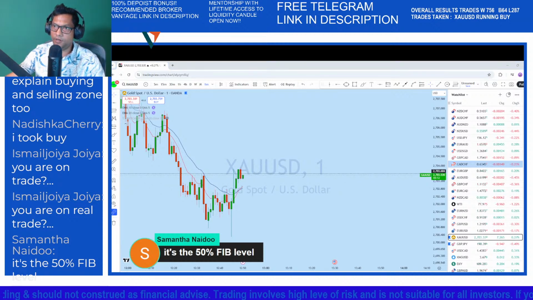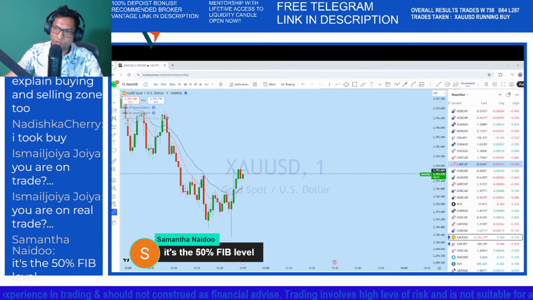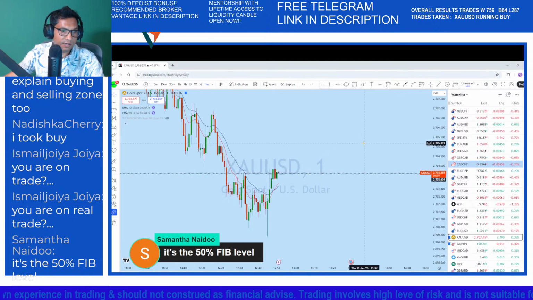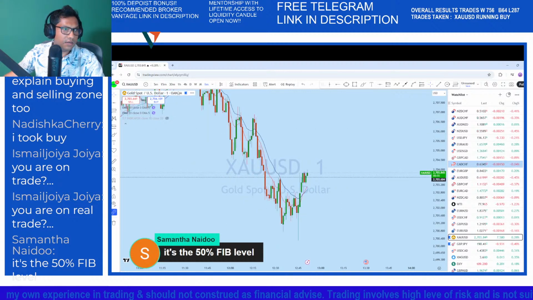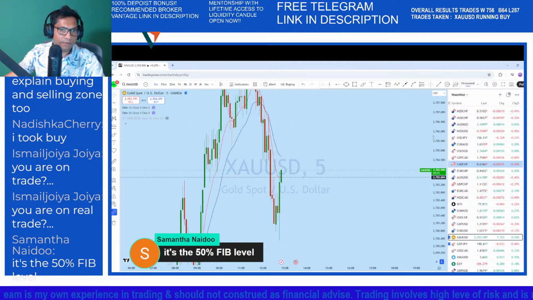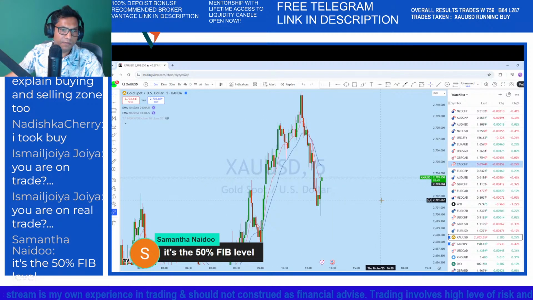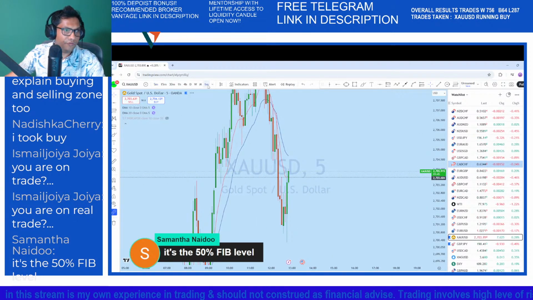So here, if we look at the calendar at Forex Factory, later today also coming up, core retail sales. We need to look at that data coming up, and based on that we can look for further entry opportunity.